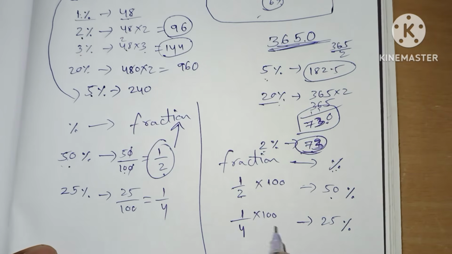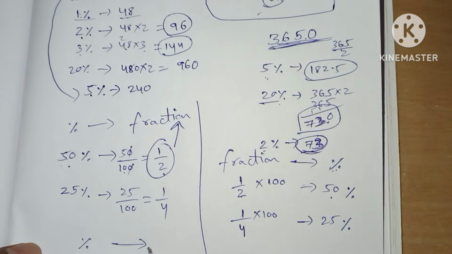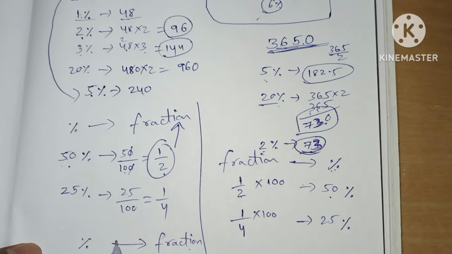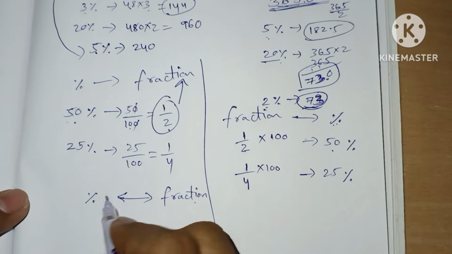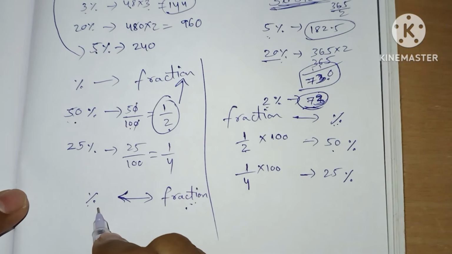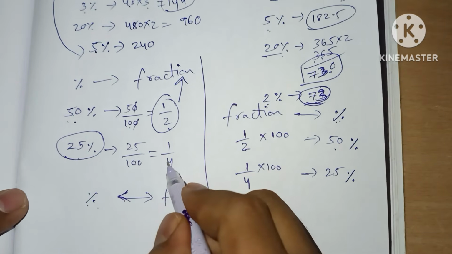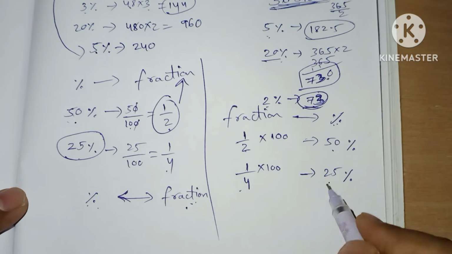So it is clear that percentages to fractions and fractions to percentages are vice versa. See this one: 25% is nothing but 1/4, and 1/4 is nothing but 25%.